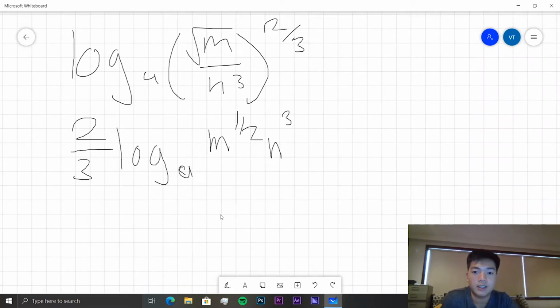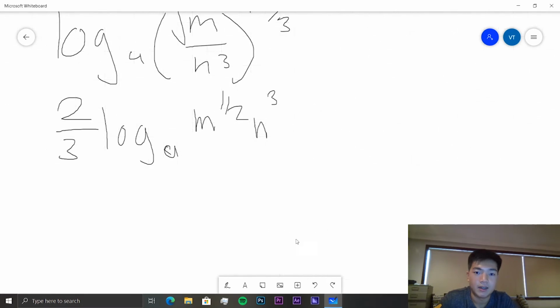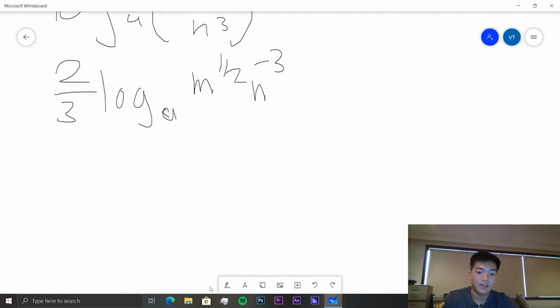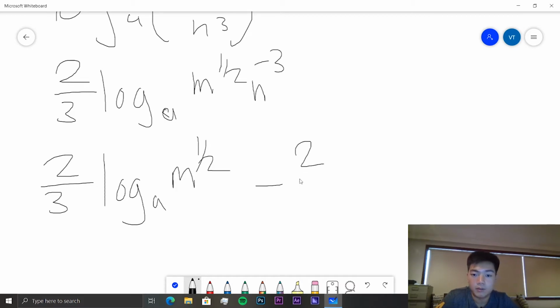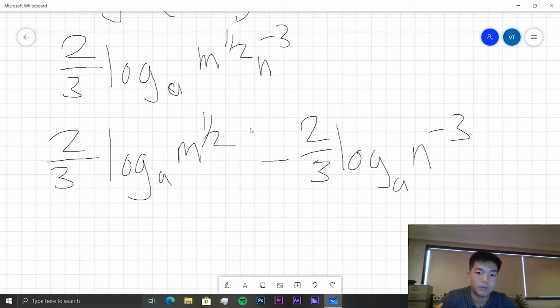And so this is also equivalent to saying n to the -3, sorry. And so this is also equivalent to saying that we have 2/3 log base a of m to the 1/2 minus 2/3 log base a of n to the -3. And so we can remove the powers once again.